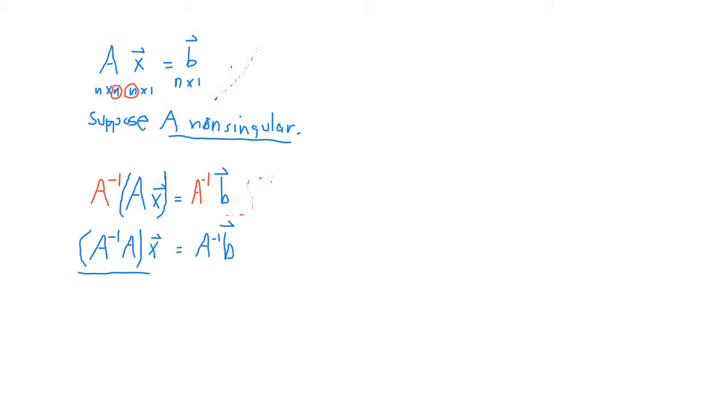It is, because from section 2.1, we learned that matrix multiplication is associative. On the first step, I'm associating the matrix A with the vector X. But on the second step, I'm associating the matrix A with A inverse. So it's okay to do this.